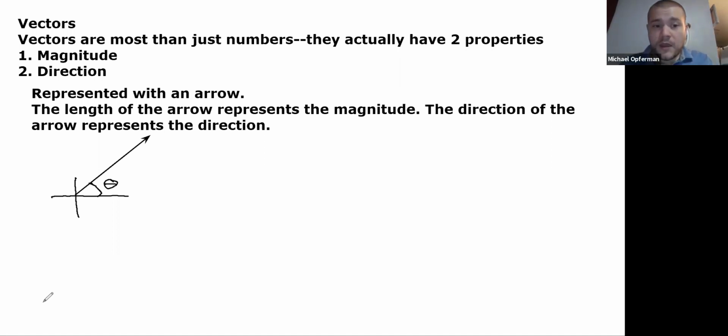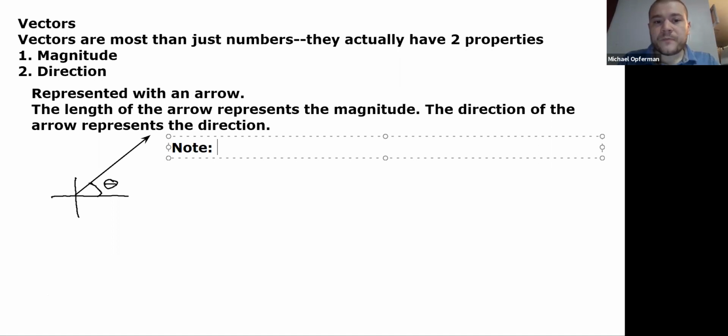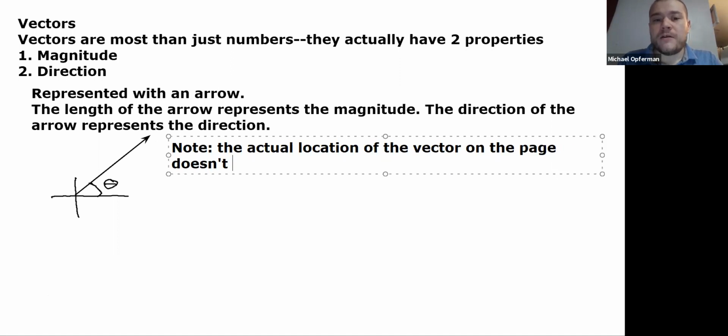Notice, by the way, as a side note here, the magnitude and the direction of the vector matter. The actual location of the vector on the page doesn't matter. It's only the magnitude and the direction that matter.